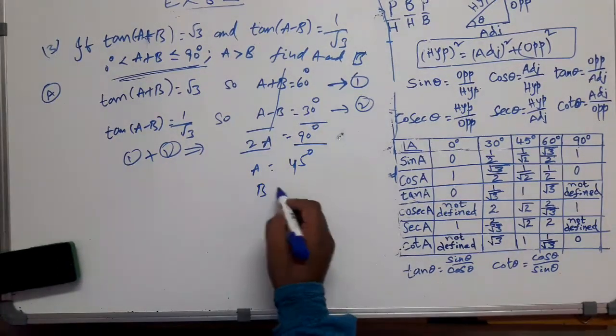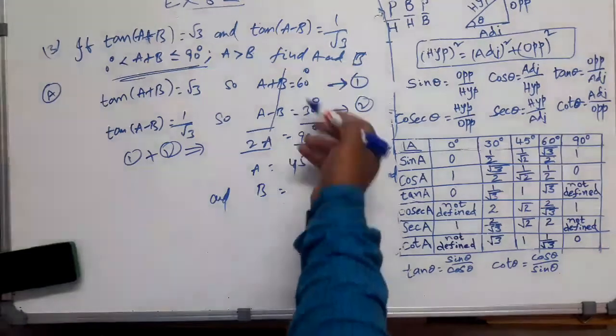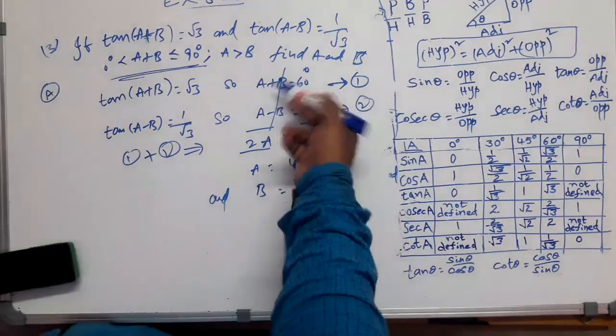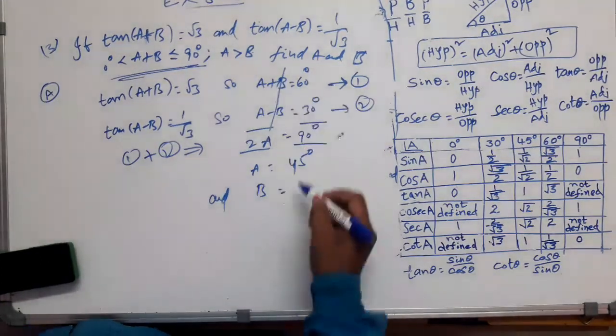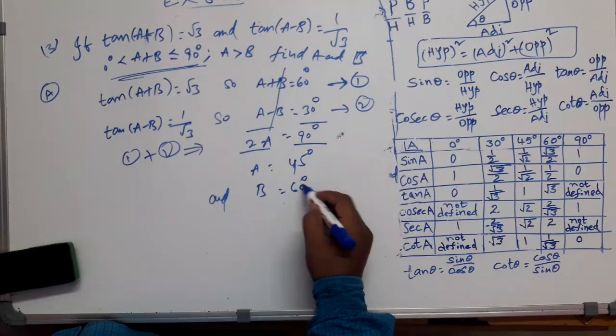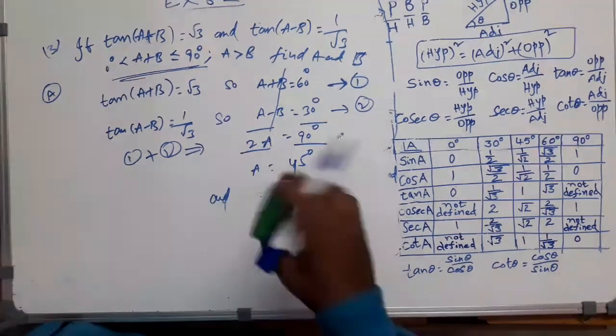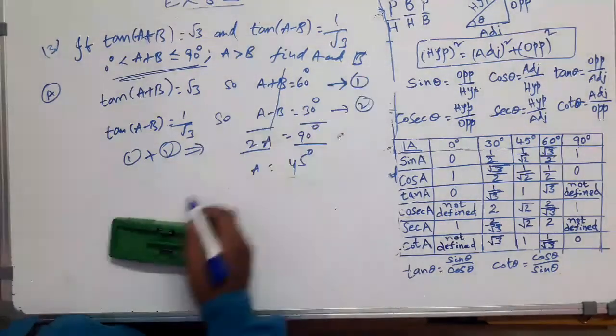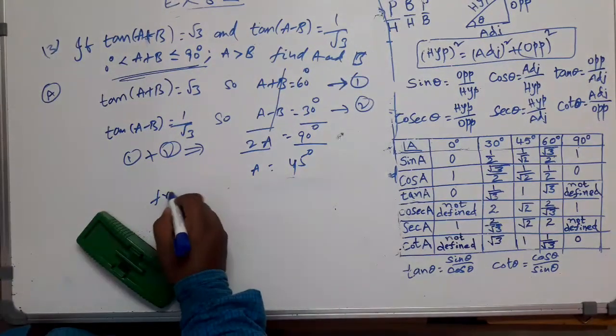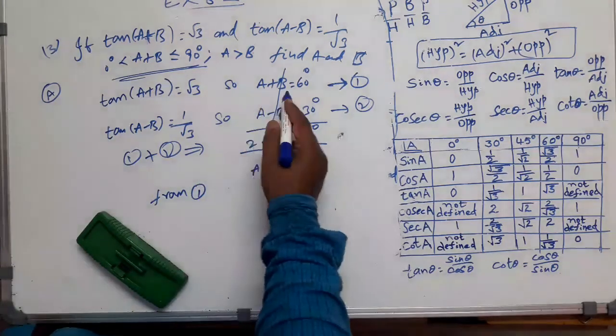So how about B? You take any one relation and substitute the value of A, and you will get the value of B. Take the first relation: A plus B is 60 degrees.